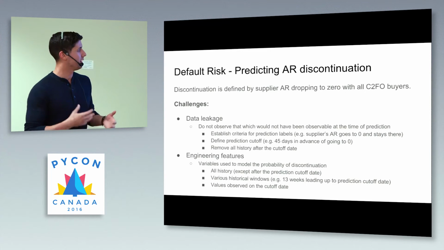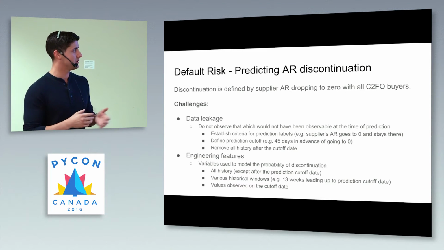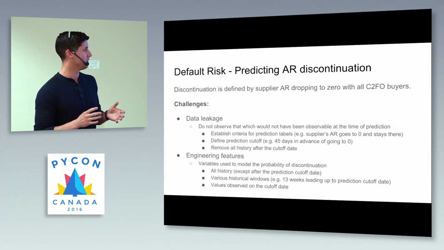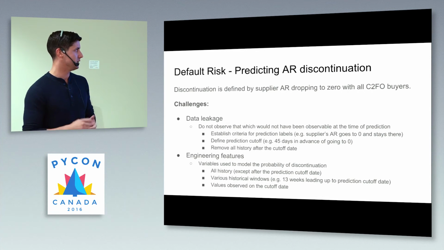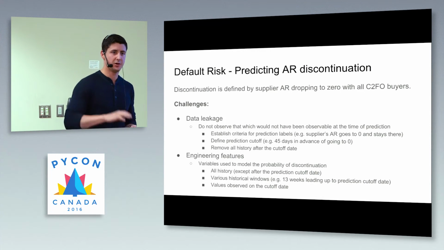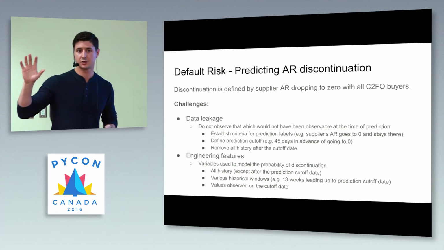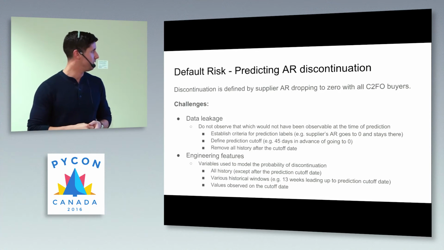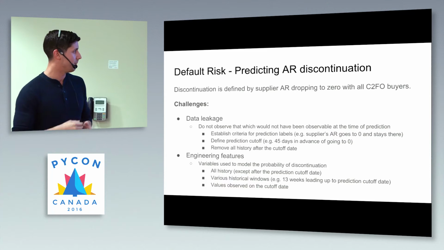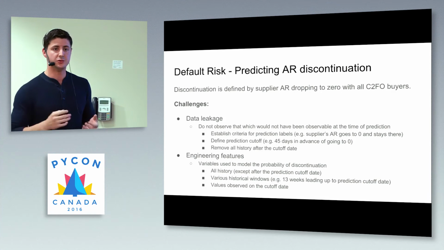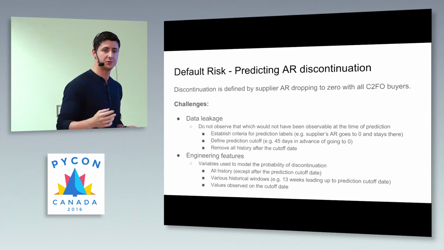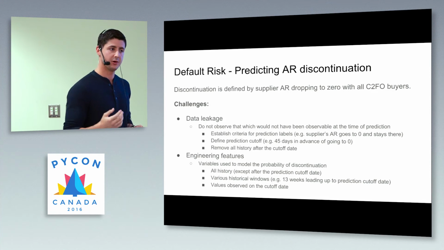So when you're framing a problem like this as a machine learning problem, you need to pay attention to things like data leakage. Has anybody heard that term before, data leakage? Two of you maybe, okay. So basically it boils down to: do not observe that which would not have been observable at the time you would like to make the prediction.